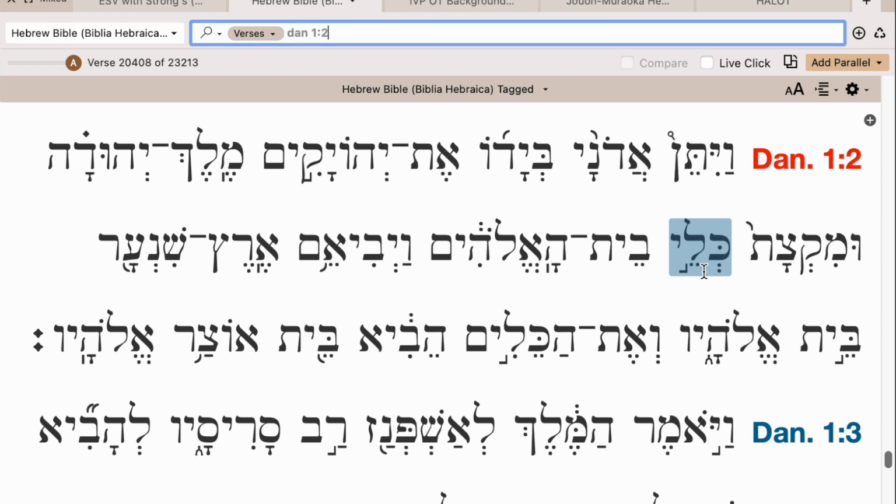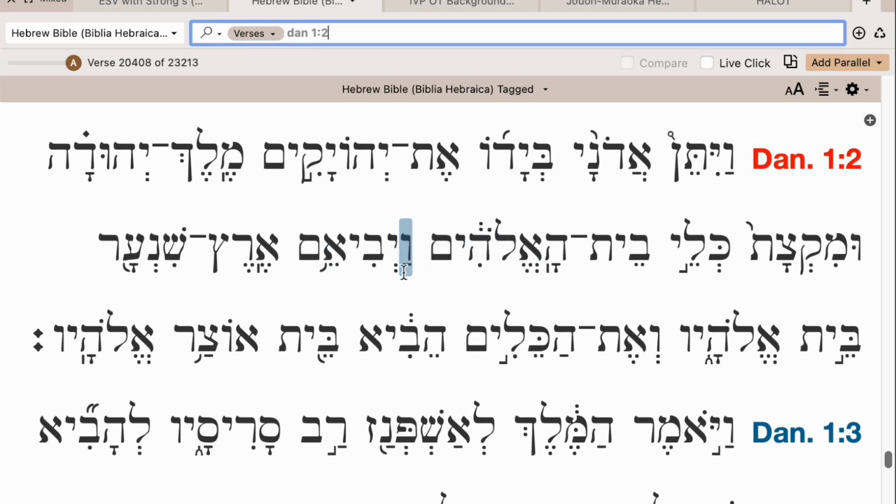Okay? And then it continues by saying, Vayviem eretz Shinar, and he brought them. Vayviem. So here we've got the root Beit Vav Aleph, but you can see the Yud here, which indicates that we are in the Hifil. Okay, we've got a Yud prefix, so we're in the prefix conjugation. We're in the Hifil, or the C stem, or H stem, however you want to call it. Okay, and so when you put Beit Vav Aleph into the C stem or the H stem, it's not going to mean to come, it's going to mean to bring.